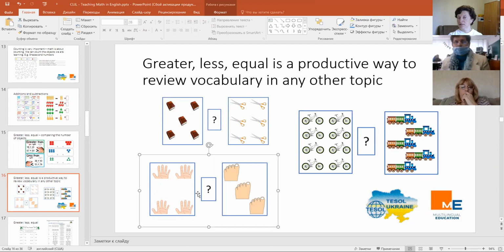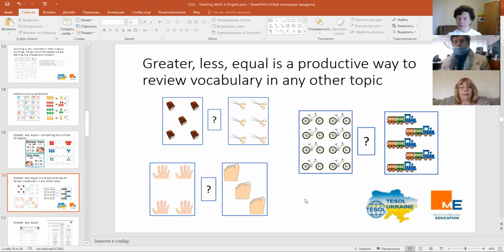And this is the topic body parts, when they compared the number of fingers to the number of toes. Again, these are tasks for the kids of the first and second grades. The counting is very basic at this time, but you also use this counting for vocabulary practice.